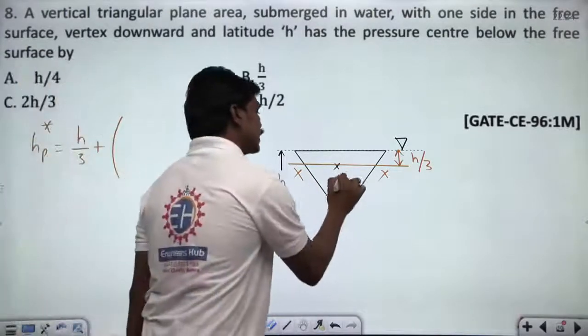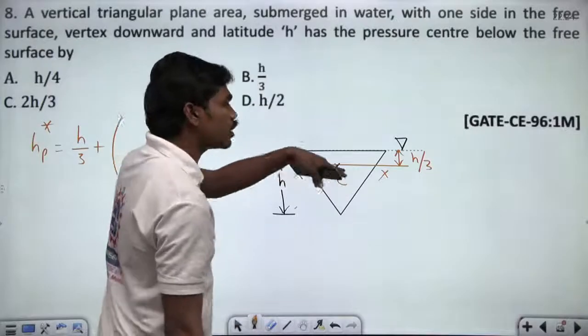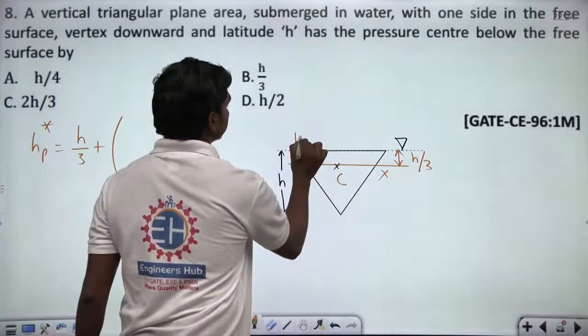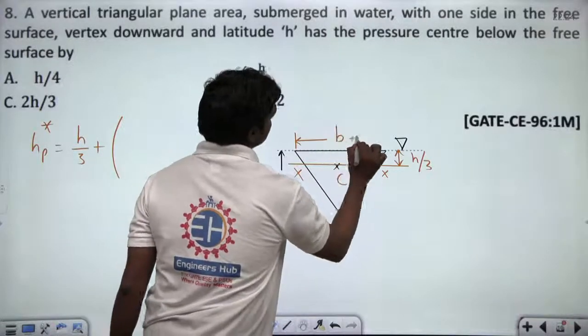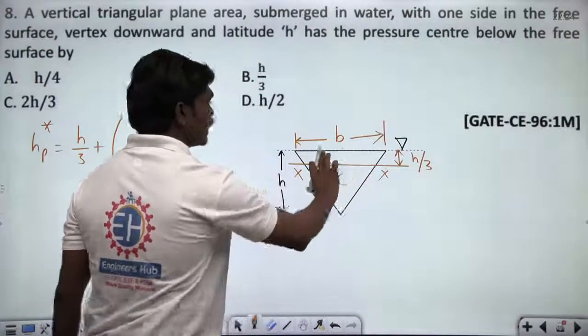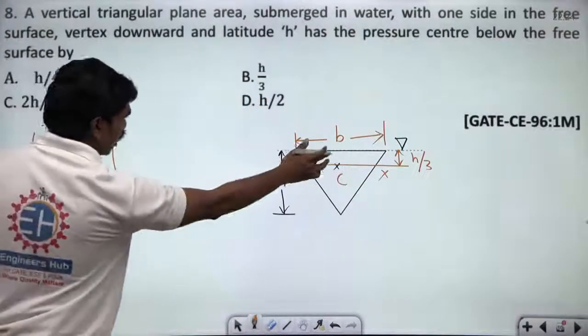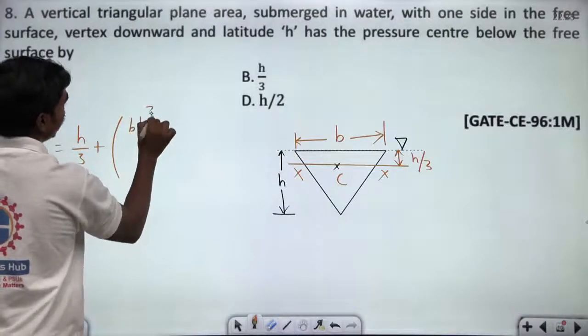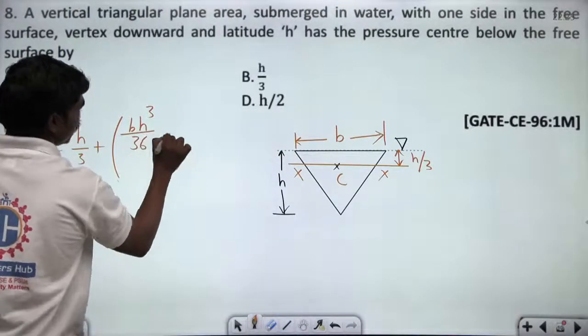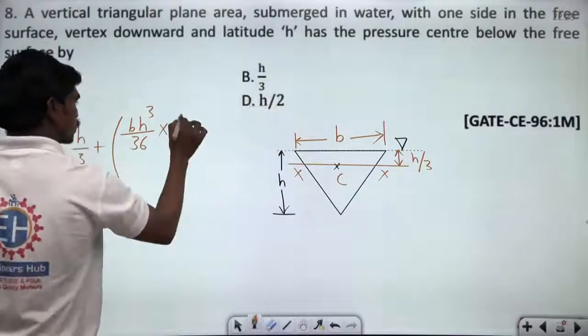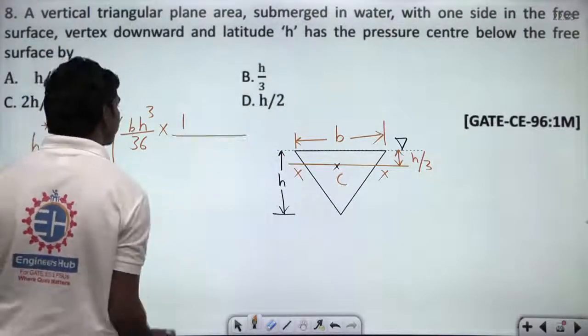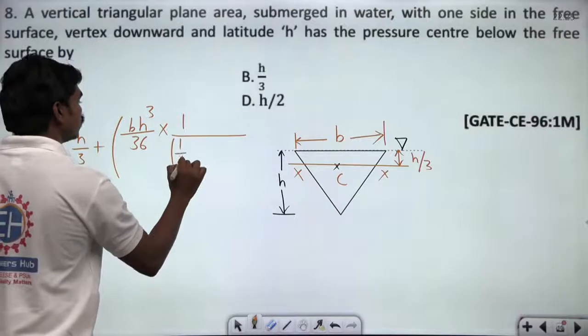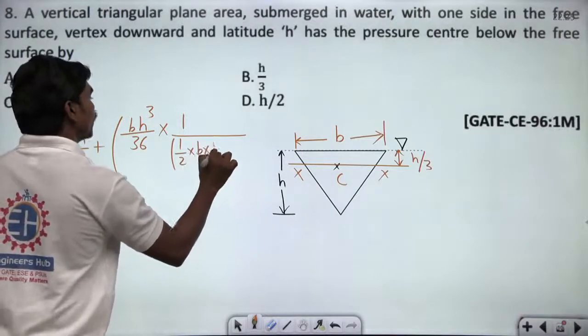If this is the centroid C, the moment of inertia of this triangle, if the base is B and the height is H, about this axis XX is BH cube by 36, into sin square theta, since this is vertically immersed, theta is 90, divided by area, half into base into height, into H bar.